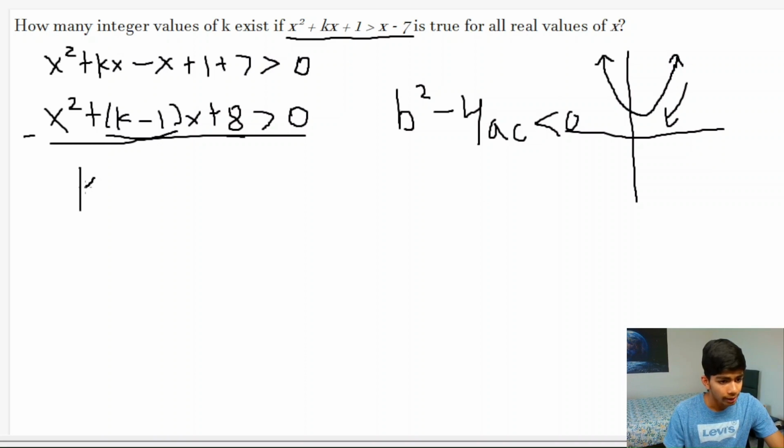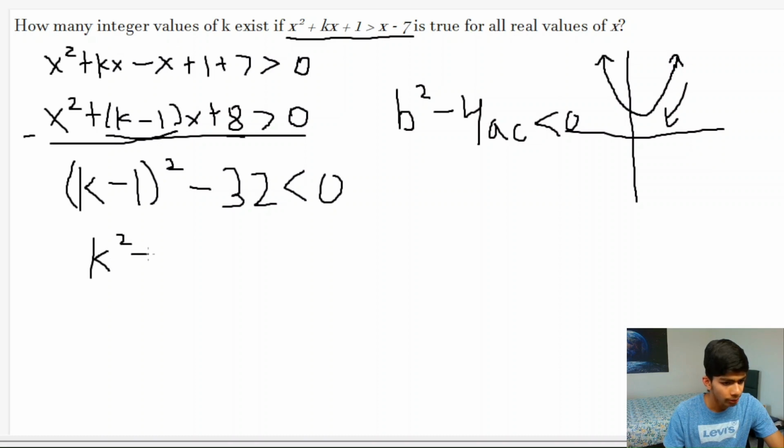So if we do that, we have (k minus 1) squared minus 4ac, which is 8 times 1 times 4, so 32. And this has to be less than 0. So now we can expand and combine like terms.